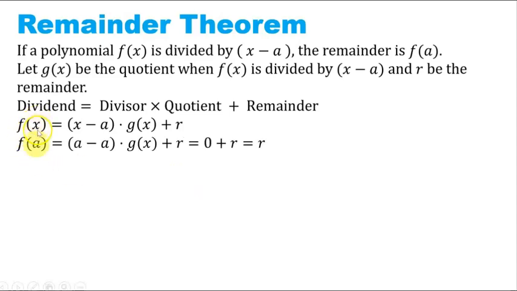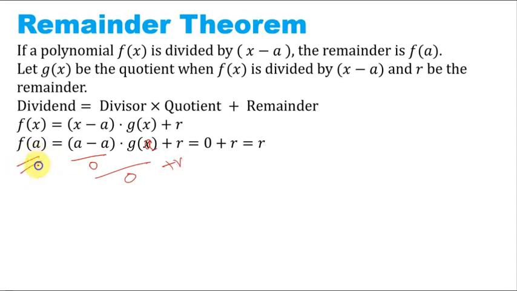If you replace x by a, then you will have f(a) equals a minus a into g(a) plus r, where x is replaced by a. But a minus a is 0. 0 into g(a). Overall, it will become 0 plus r.